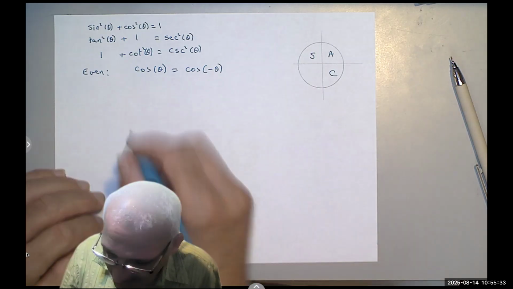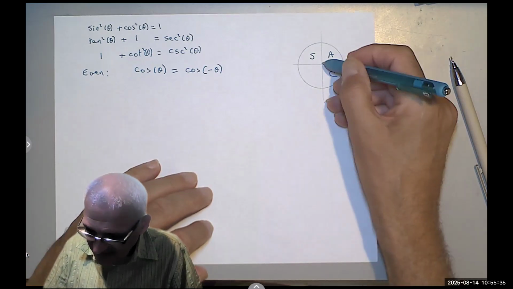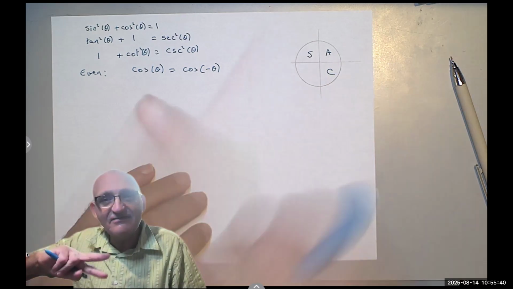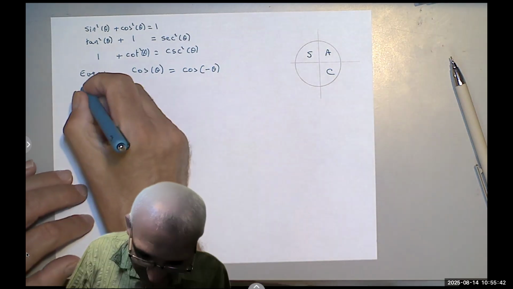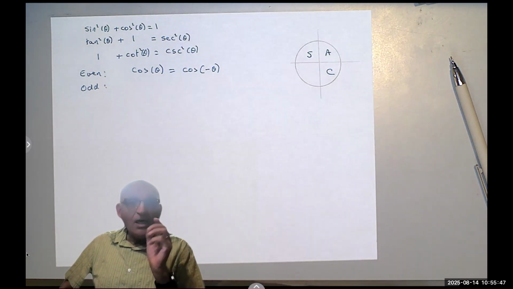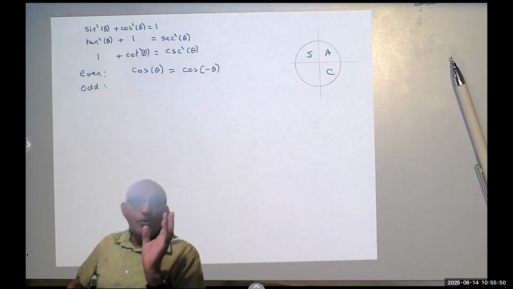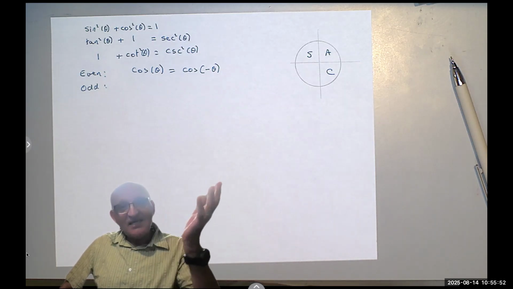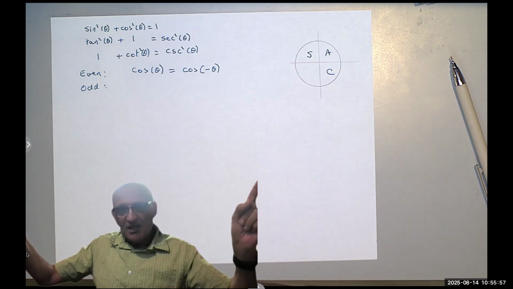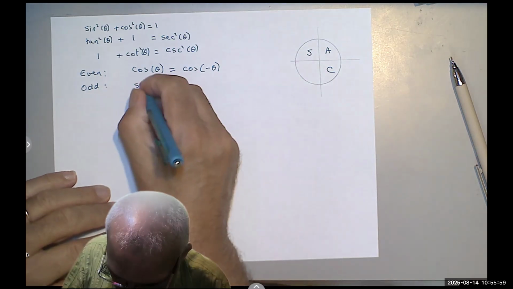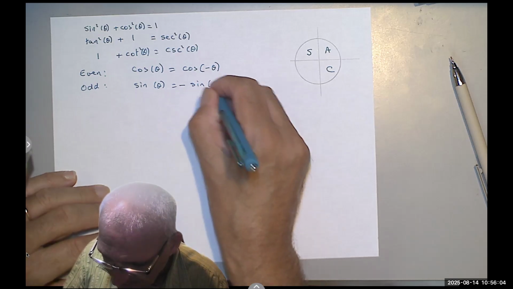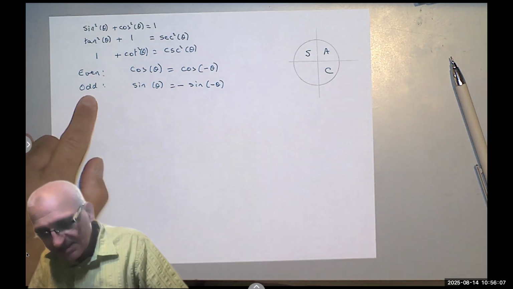However, the sine on the other side, if I take a sine of x and a sine of negative x, you get the negative. And that's why we call that an odd function. Notice that if you take the cube of negative 3, you get negative 27, which is the negative of the cube of 3, which is 27, meaning the sine of negative theta is the negative of the sine of theta.